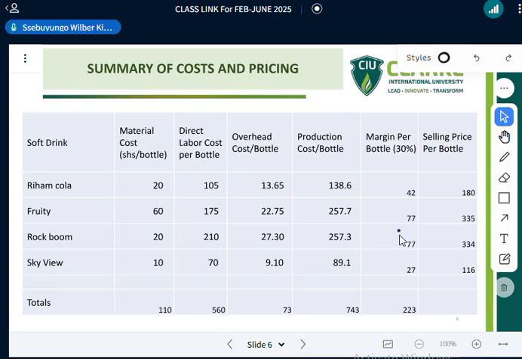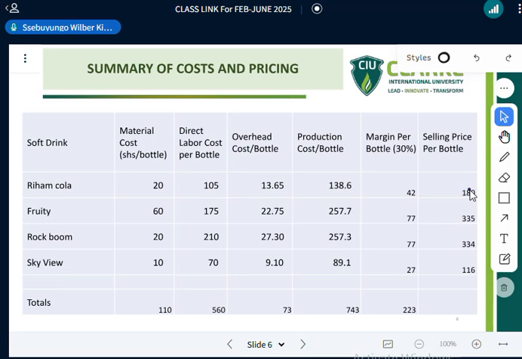I've done it similarly. The 30% is uniform for every category of bottle. Then the selling price for Riham Cola is 138.6 plus 42. That is approximately 180 shillings as the selling price for the bottle.